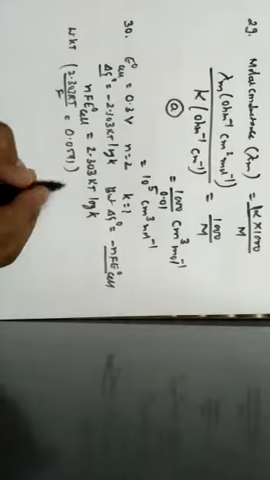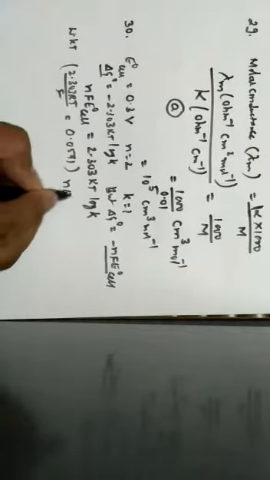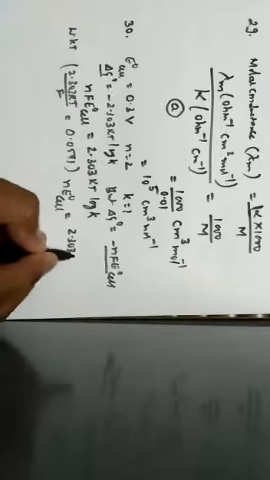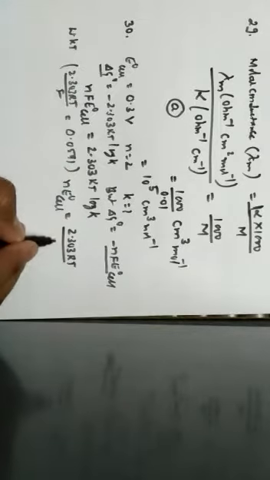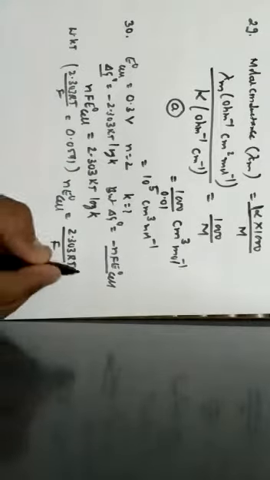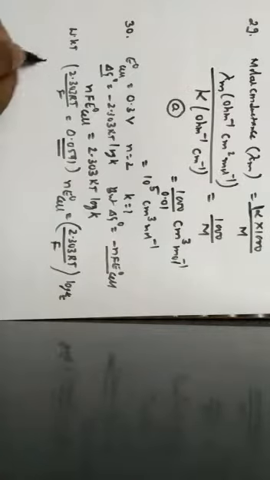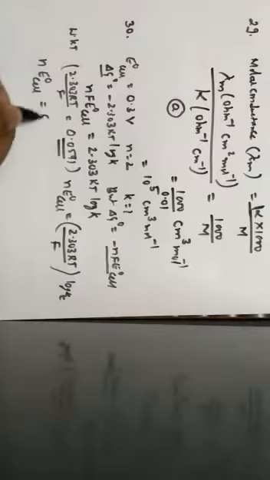Based upon this, I can rewrite the equation as n into E naught of a cell is equal to 2.303 into RT divided by F into log K or log Kc. So this can be replaced by 0.0591. Hence, I can rewrite the equation as n into E naught of a cell is equal to 0.0591 into log K or log Kc.